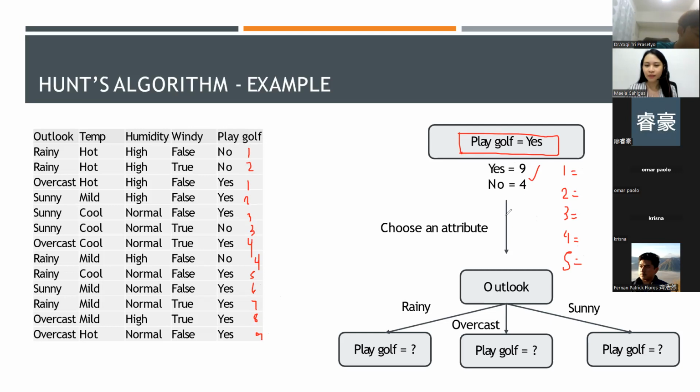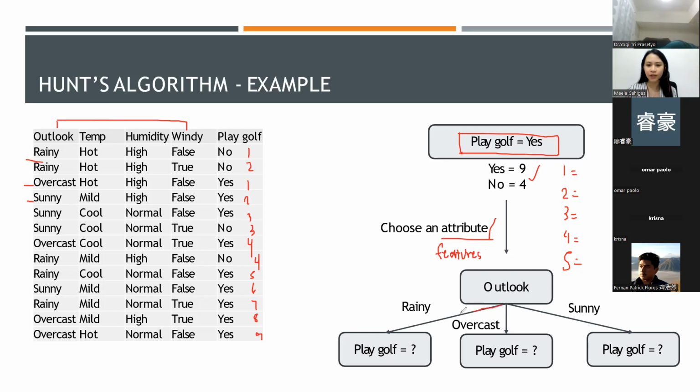And the next step for us is to choose our attribute, also known as features, or your latent variables. Let's just say you were going to utilize Outlook. In Outlook, we have three different options: rainy, overcast, and sunny.